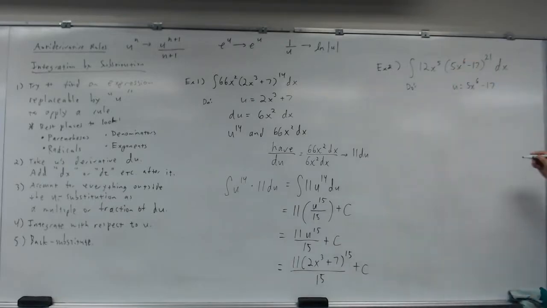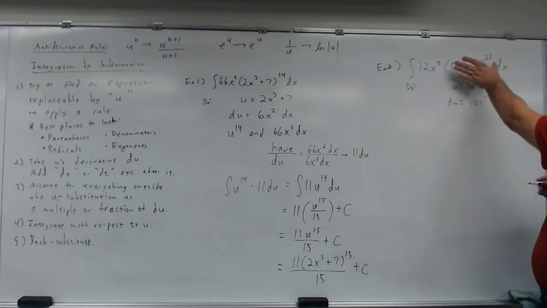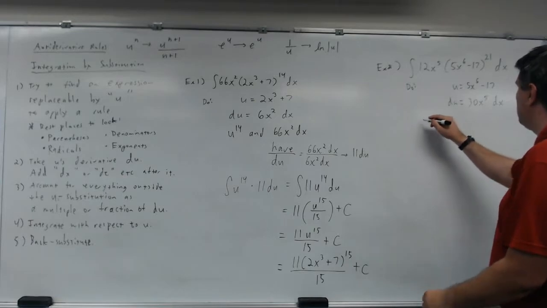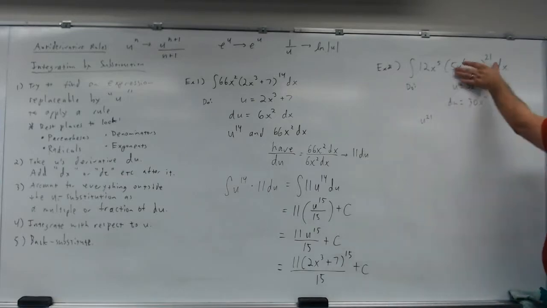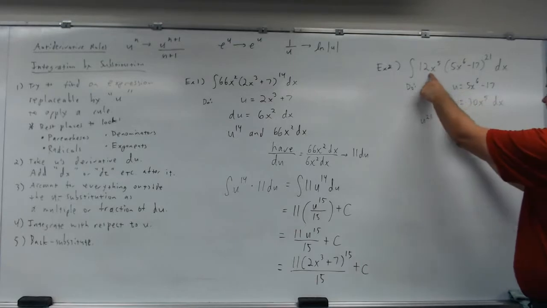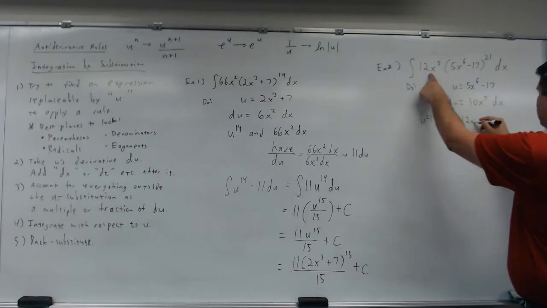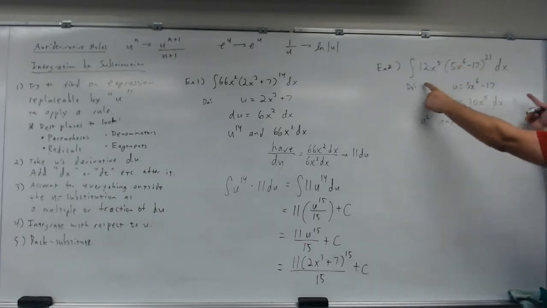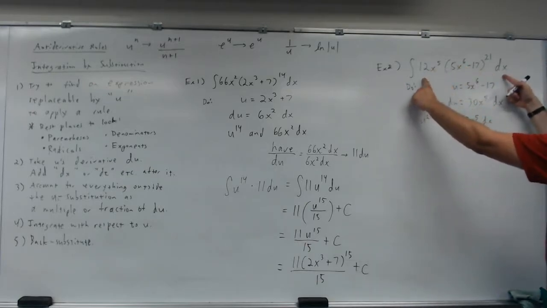It's in parentheses. du would equal 30x to the 5th, and since it's with respect to x, dx. So within the integral, I have u to the 21st and 12x to the 5th dx.